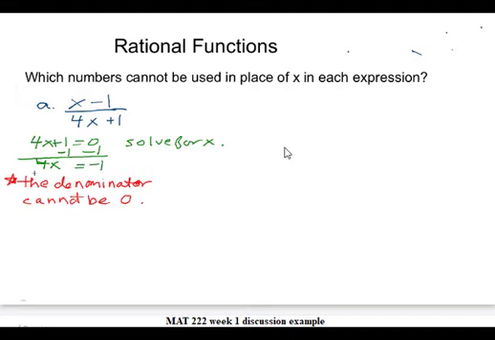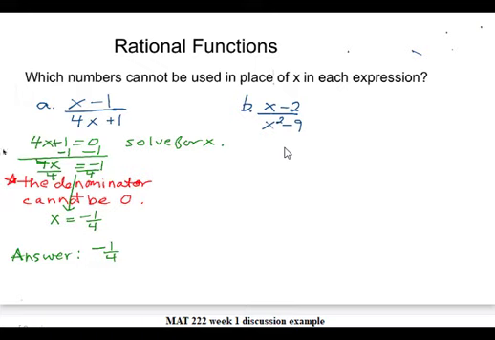And then if we divide both sides by 4, we get x is equal to minus 1/4. So actually, x cannot be negative 1/4. So the answer to which numbers cannot be used is minus 1/4 cannot be used for x.